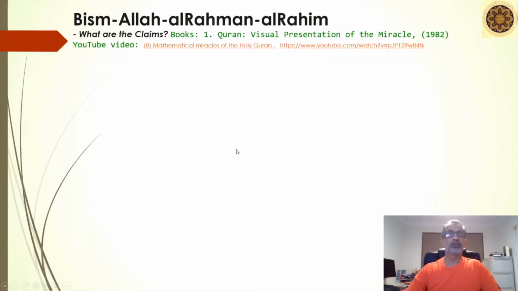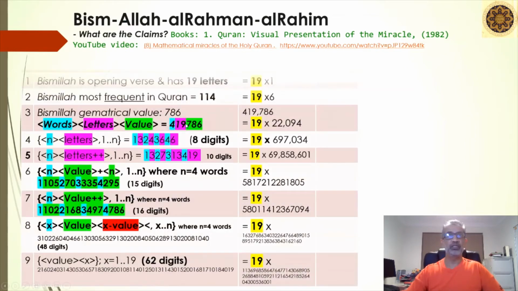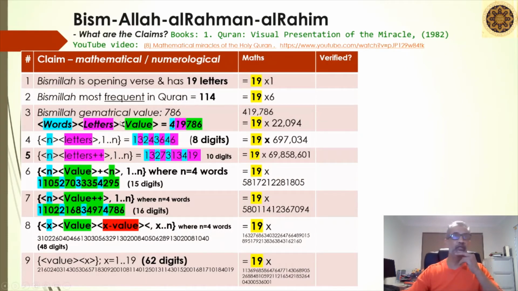Right, so I guess what we'll do is try and summarize all of those claims into a single table. So this is what I've come up with. These are the 9 claims in each of these. As we look through, the Bismillah is the opening verse and has 19 letters. There's a claim on that. The most frequent verse, Bismillah, is the most frequent in the Quran. It's got 114, obviously, mentions in the Quran, 19 times 6.